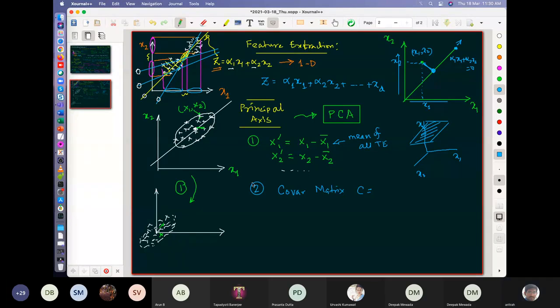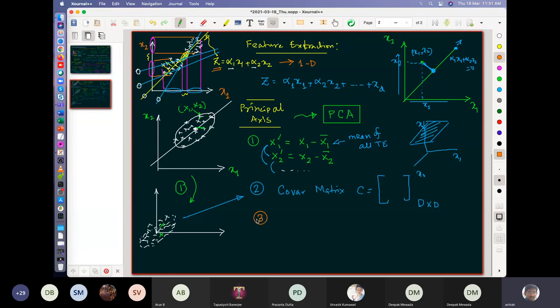That means covariance of x1 with x2, x1 with x3, similarly x2 with x3, and so on. That matrix, as you can easily see, is a D cross D covariance matrix. That is step number 2, after I transform the points by subtracting the means and spread them out over the center.